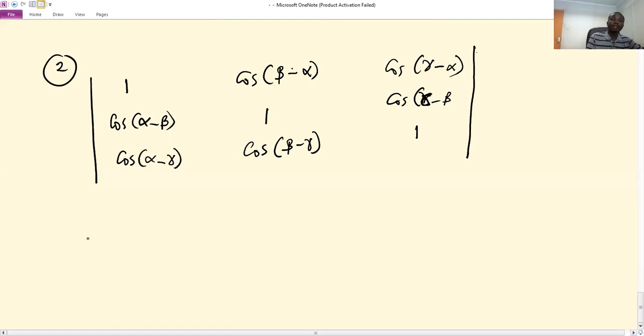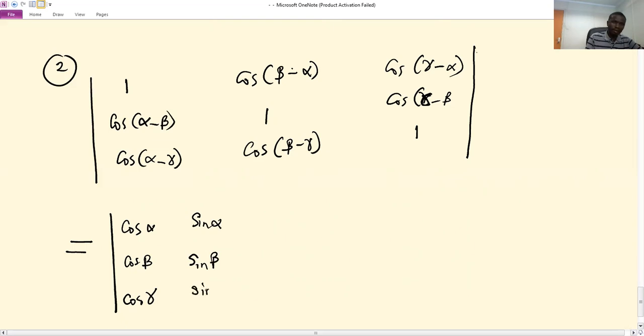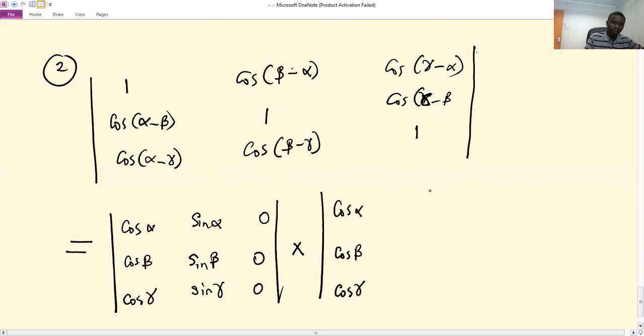So know that this is the same as the determinant of cosine of alpha, cosine of beta, cosine of gamma, sine of alpha, sine of beta, sine of gamma, 0, 0, 0 times the determinant of cos alpha, cos beta, cos gamma, sine alpha, sine beta, sine gamma, 0, 0, 0.